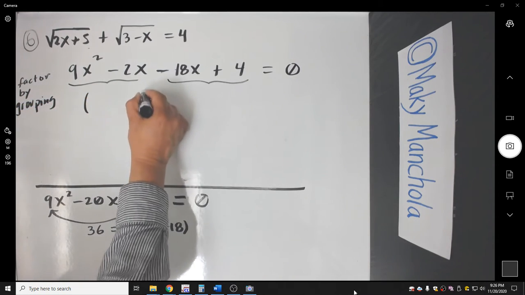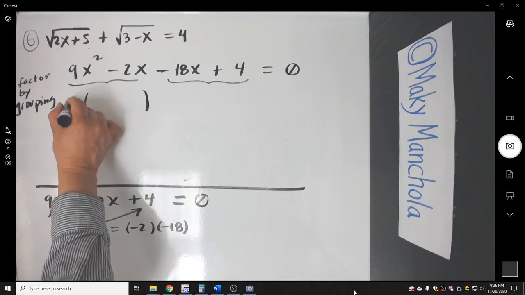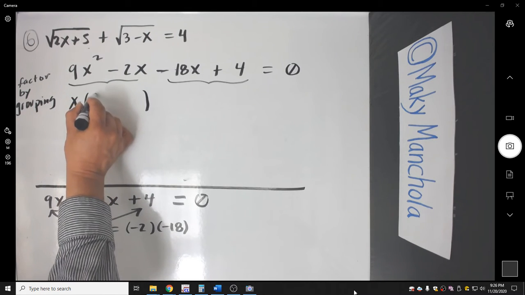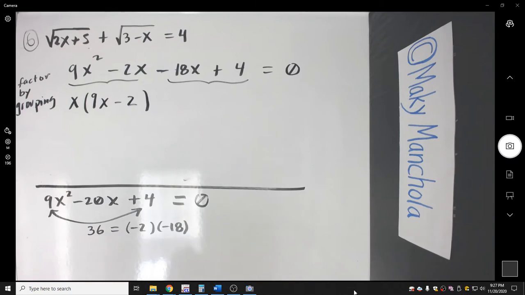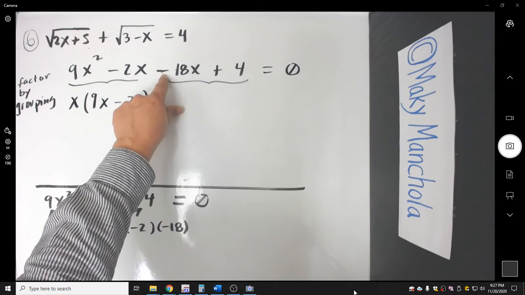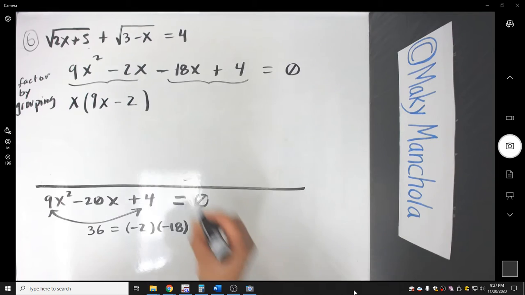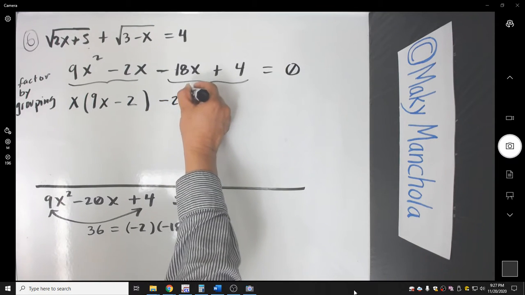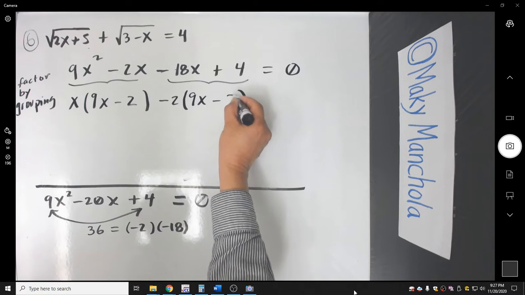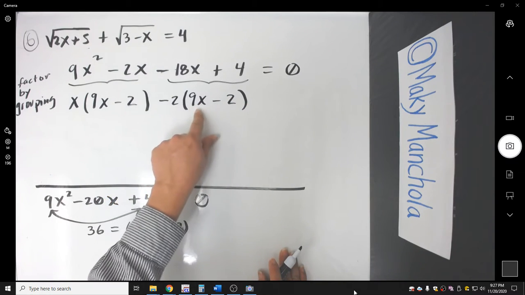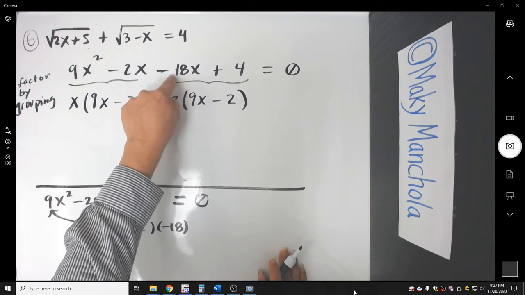So in the first group, we can factor out an x. We're left with 9x minus 2. In our second group, let's factor out a minus 2. Then we're left with 9x minus 2. Check. Negative 2 times 9x is negative 18x.